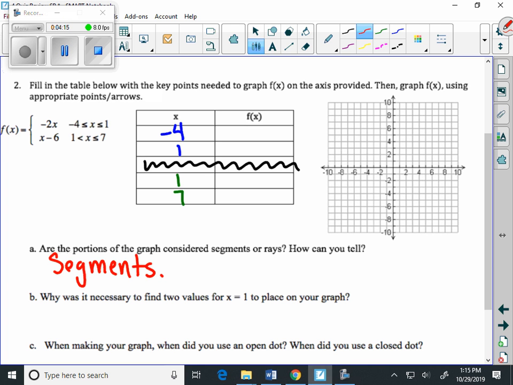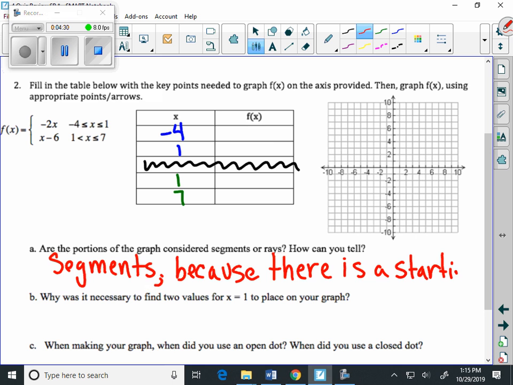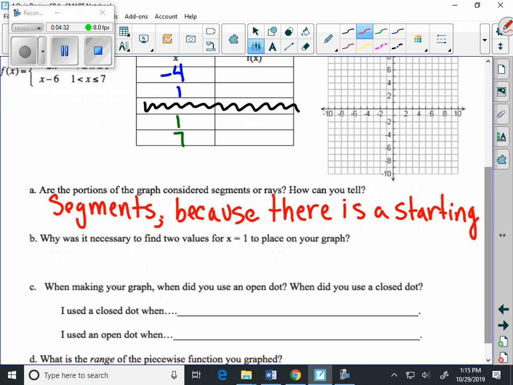They are segments, and the way that we know, I'm going to write a comma there, segments, because there is a starting and ending point.